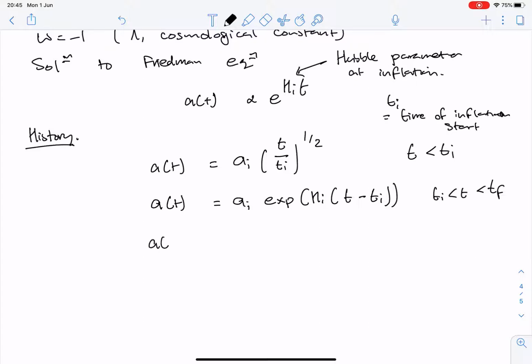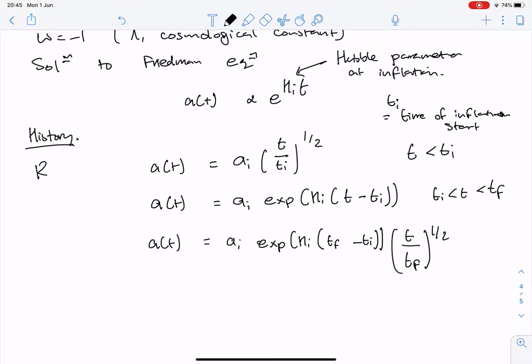And then, of course, at some point that stops, and I have the scale factor after inflation, which is a_i times the exponential of H_I (t_f minus t_i). And then, of course, I just have (t over t_f) to the half. I go back to being radiation dominated.